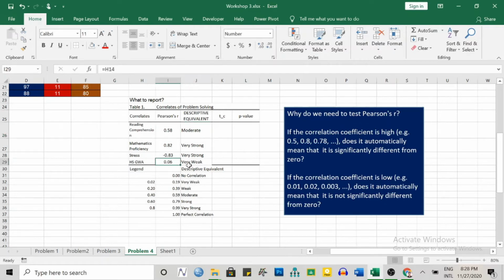Or for a correlation coefficient that is really low, normally when we test it, our probability value will be really higher than 0.05. That means that it's not significantly different from 0. So this is just 0 that is very weak or no correlation at all. So how do we test?